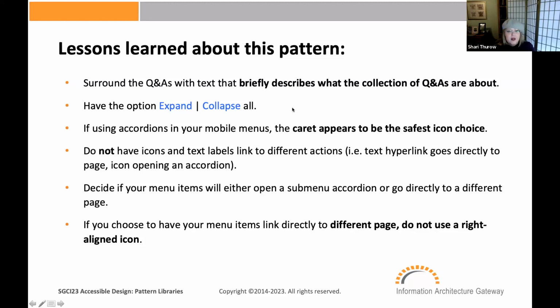Okay, cool. The next thing, and this is something people overlook with FAQ accordions, is have the option to expand and collapse all, because it's so easy to do. It's so easy for screen readers.